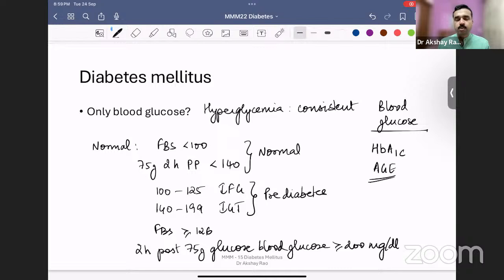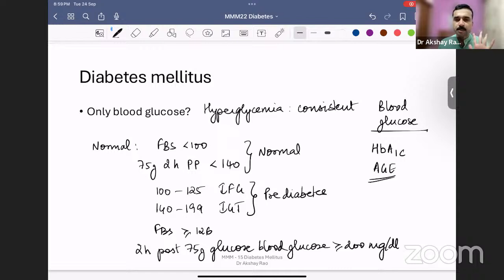It's a protein, and these proteins end up getting attached to glucose. Blood glucose goes and attaches to these proteins in a non-enzymatic manner, and they end up becoming glycated. These are known as advanced glycation end products. HbA1c is the hemoglobin that is getting glycated. So you can measure this and get an idea of the person's last 3 to 4 months.